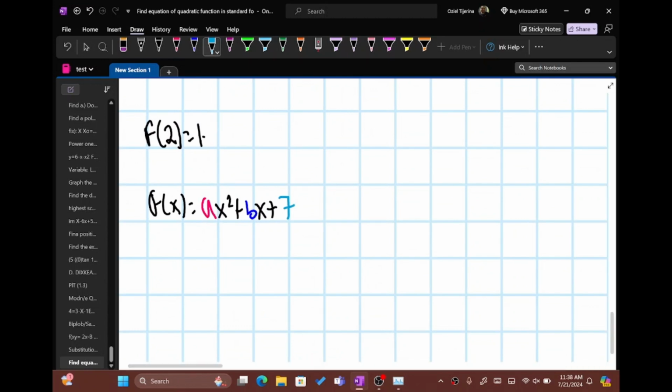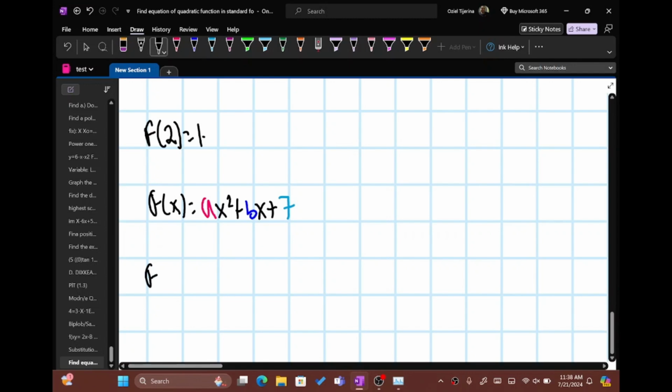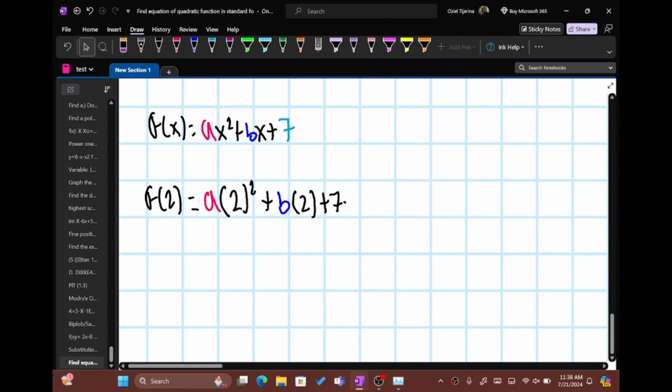So f(2) is equal to a times 2² plus b times 2 plus 7. Then here we have 4a plus 2b plus 7.